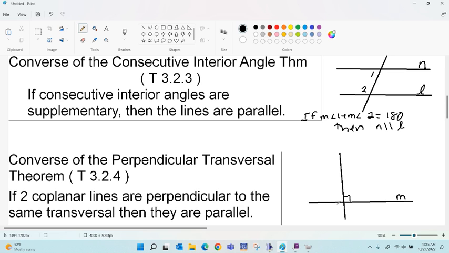Okay, so there's going to be two of them. And then there's another one that is perpendicular to that same transversal. Here's our transversal. Here's our other line. If two coplanar lines are perpendicular to the same one, so here's another one that's also perpendicular, then our conclusion is that M is parallel to N. And that should make sense because it's really just the corresponding angle converse in a different form.